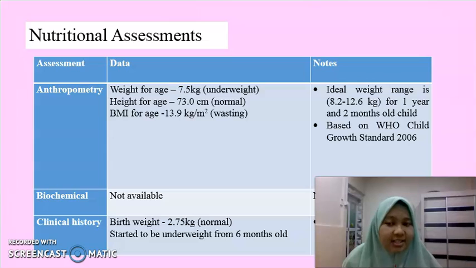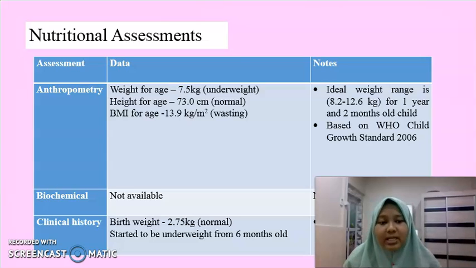Okay, this is the nutritional assessment. We start with the anthropometry assessments. His current weight is 7.5 kilograms, so he is diagnosed as underweight. His height for age is 73 cm, so he is considered normal and not stunted. But his BMI is slightly wasting.